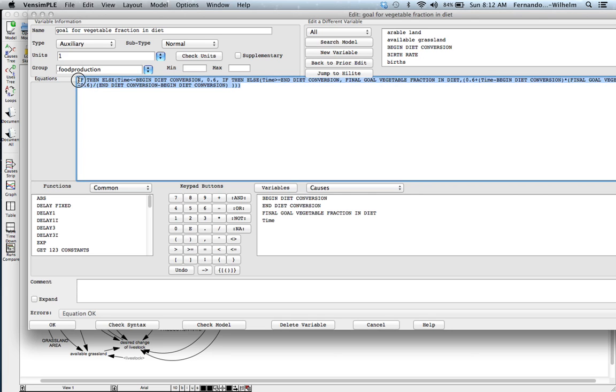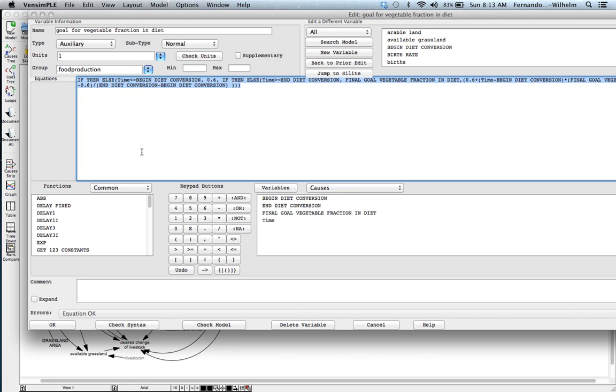The idea here is that between 2005 and 2015 you convert the diet from 60% based on vegetable originated foods, which means 40% livestock, to 90% vegetable originated foods and 10% livestock over a period of 10 years. That's the target. It's a linear relationship.